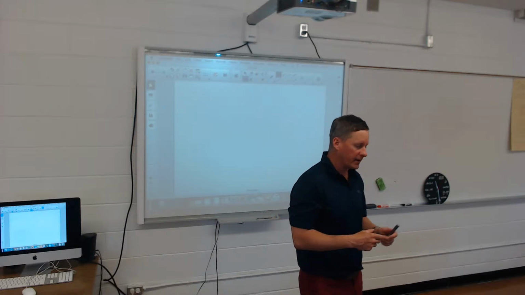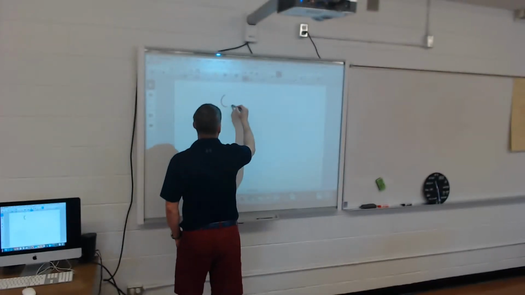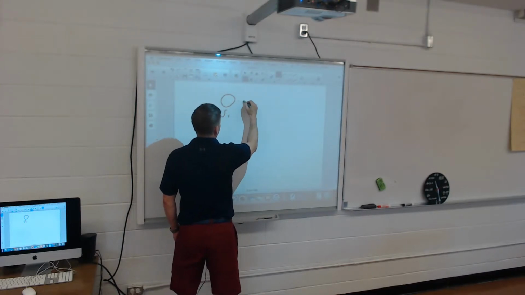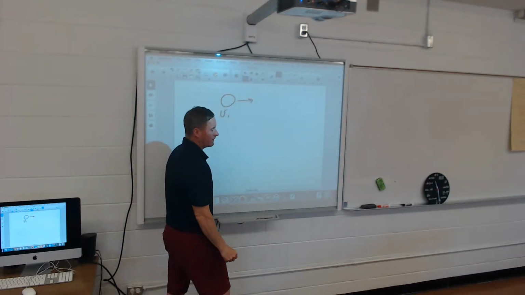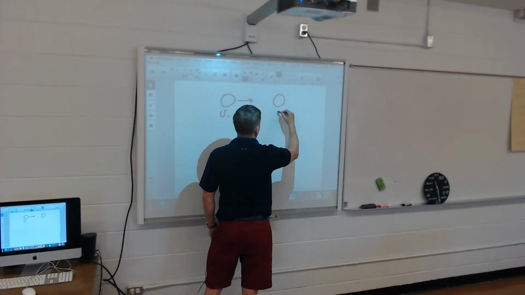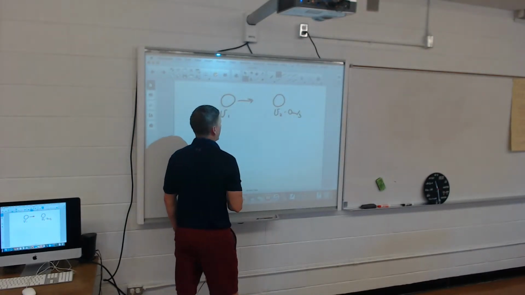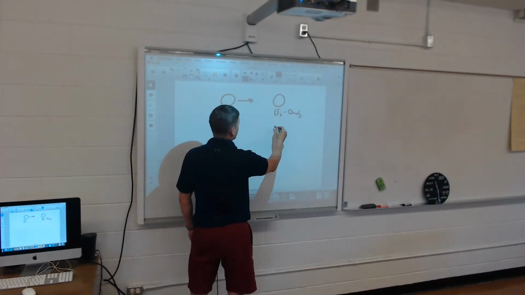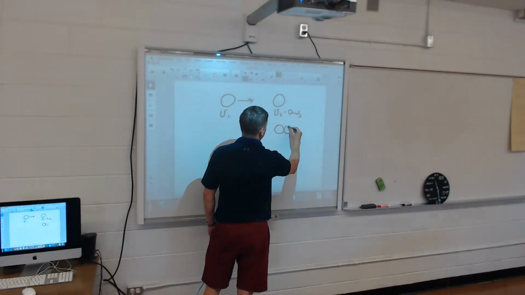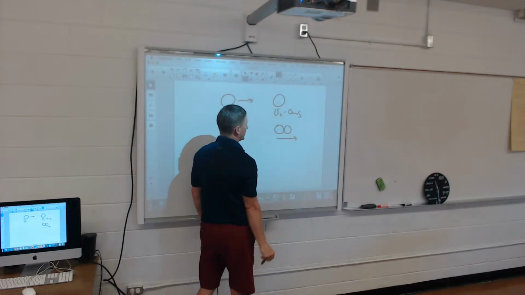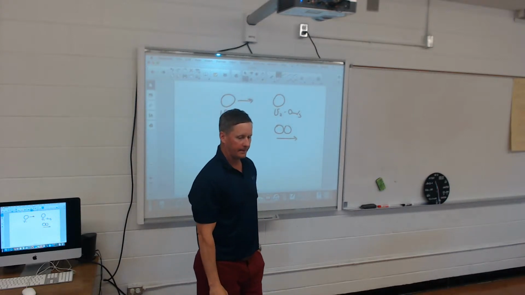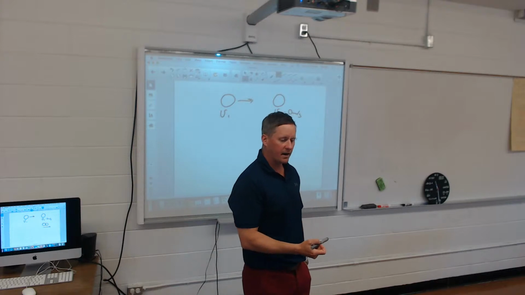So the engine's moving in this direction, and my V2 is 0 here. This guy's at rest. The engine moves towards it, hits it, they join up, and they move together. That's one scenario.